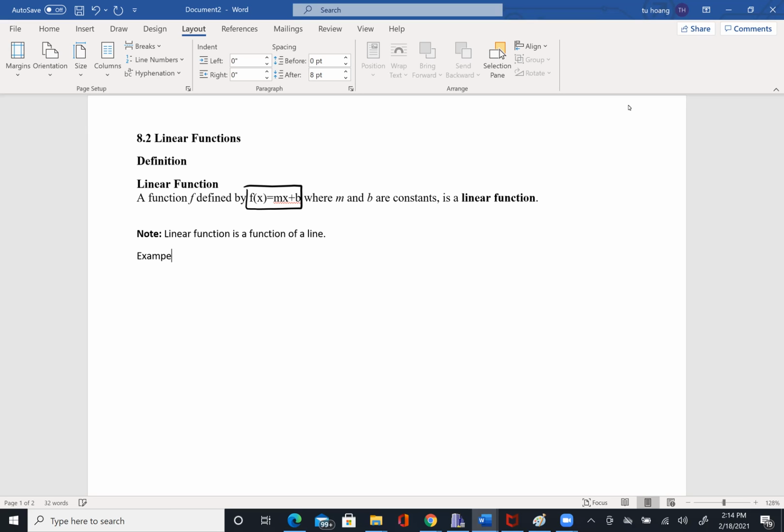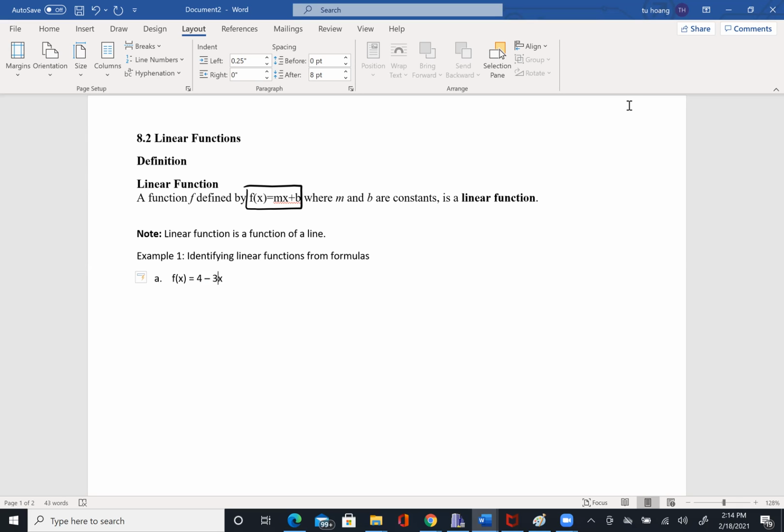Example 1. Identify linear functions from formula. Okay, so I have f(x) = 4 - 3x.